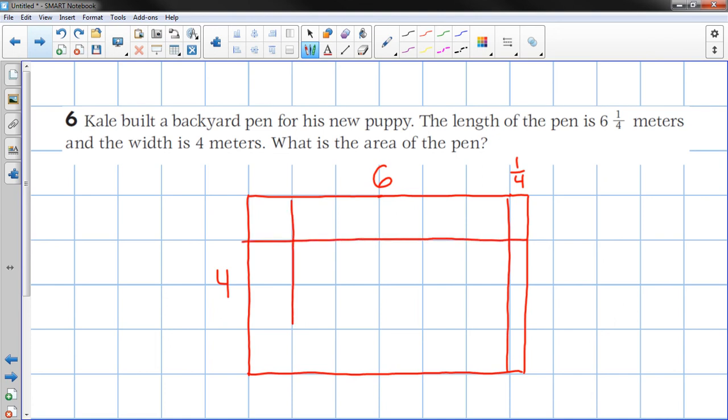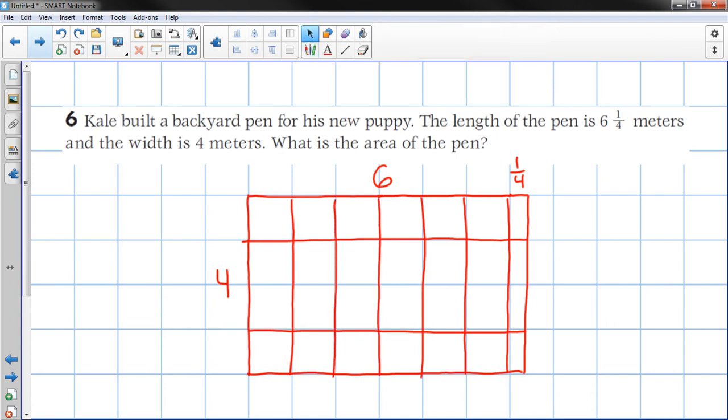So I'm going to build this here. Put in all my lines. And then we have to find the area of this. Oop, I forgot one. Right there.